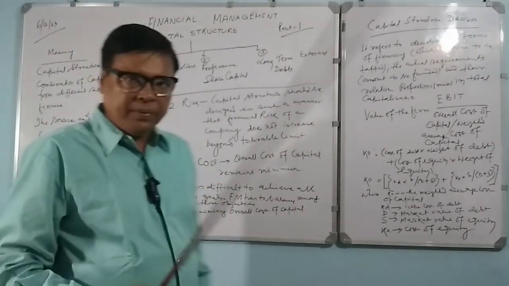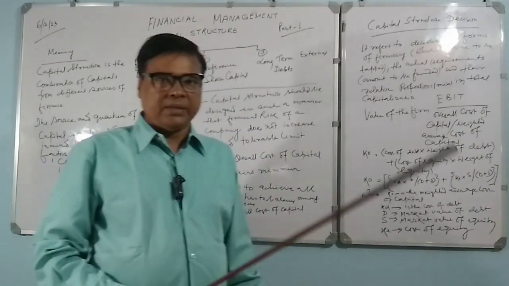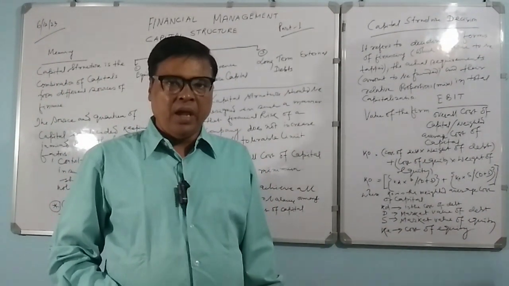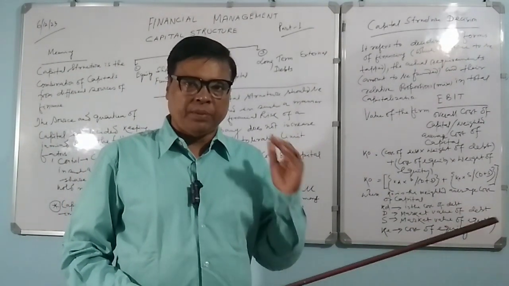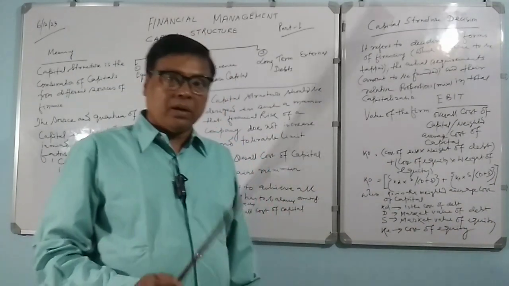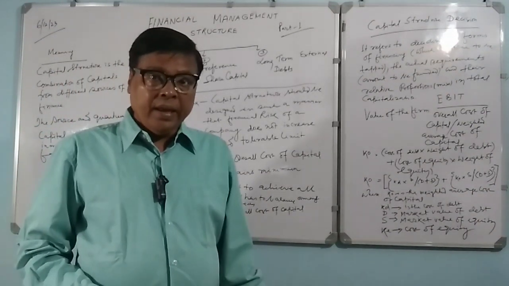You might remember that in our earlier discussions, when we discussed weighted average cost of capital, you saw that the cost of capital of the individual sources of finance might be more or less at par, but when you take into consideration the weighted average cost of capital, it differs a lot.